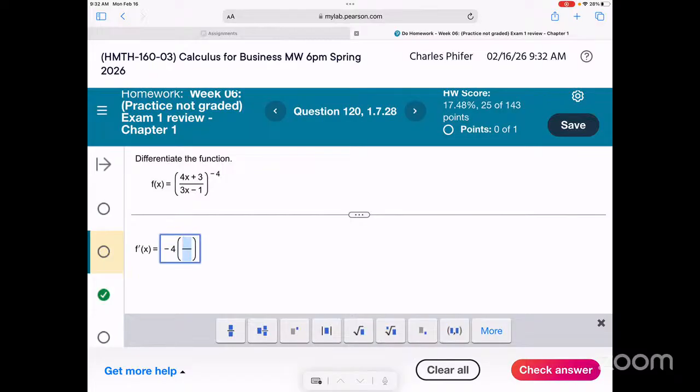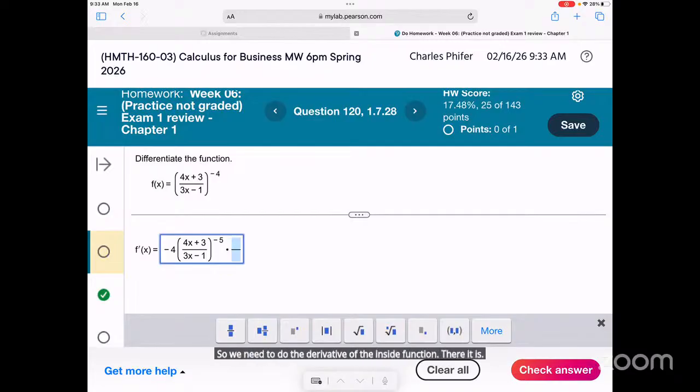So 4x plus 3, 3x minus 1 to the power negative 5. I'm going to say times the derivative of the inside function. There it is.